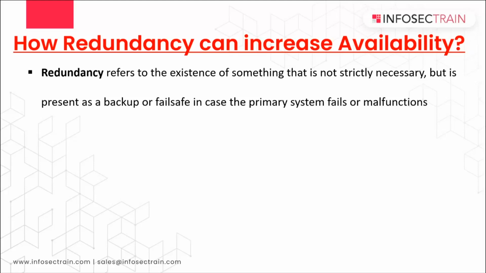For example, in our computer system, redundant power supplies or hard drives can be used to ensure that the system continues to function even if one component fails. In the context of employment, which is a very popular one, redundancy refers to the situation where an employer no longer needs a particular employee's job to be done, often due to changes in the business or economic conditions.